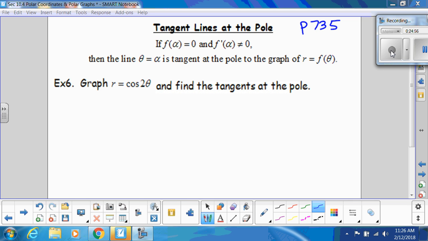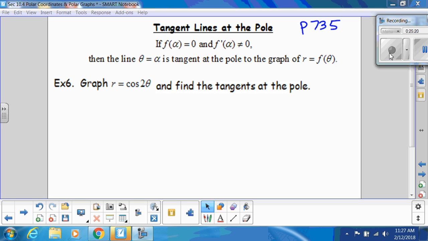Okay, so now that we've talked about horizontal and vertical tangents, we need to talk about tangent lines that occur at the pole. These are kind of important. Let's look at page 734 real quick, so pause if you need to get your books back out. On the right, 735 are all the different kinds of polar graphs.